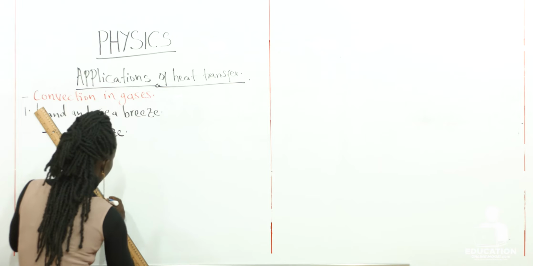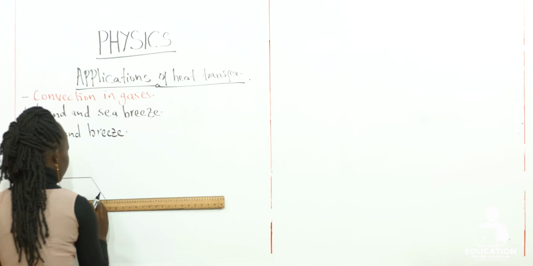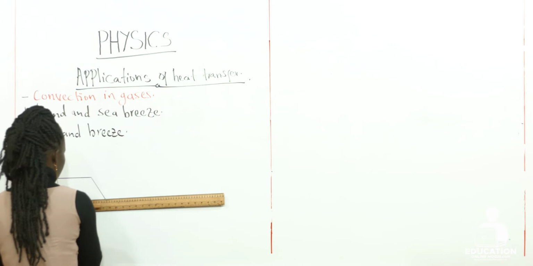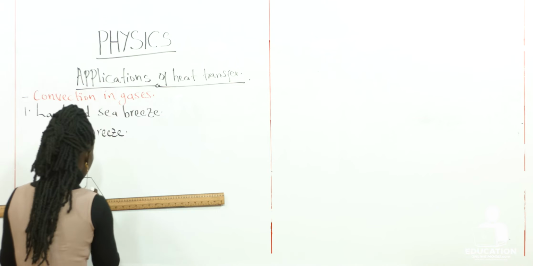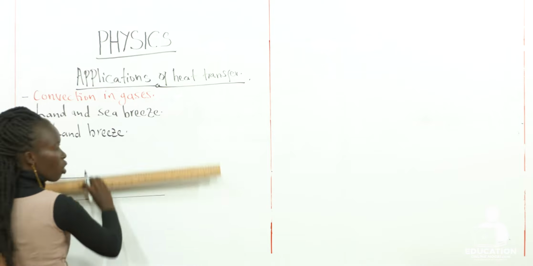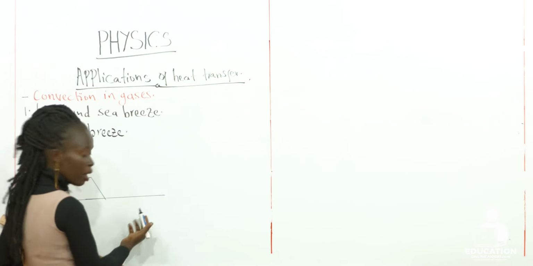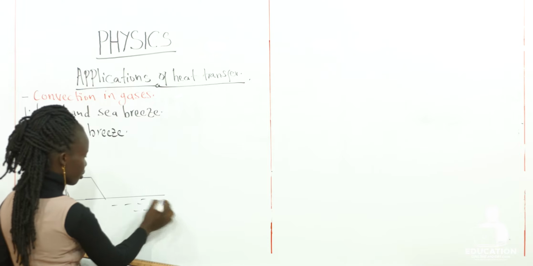We assume this is our land that is on top there. If we have the land, we shall need the sea. Where is the sea? Does it go above or is it below? Our sea will be below here.